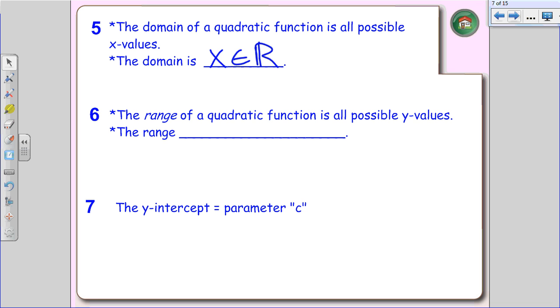The range of a quadratic function, so all possible y values, the range is going to be either going from minimum, and if it's a minimum point, then it would go from the minimum all the way to infinity.